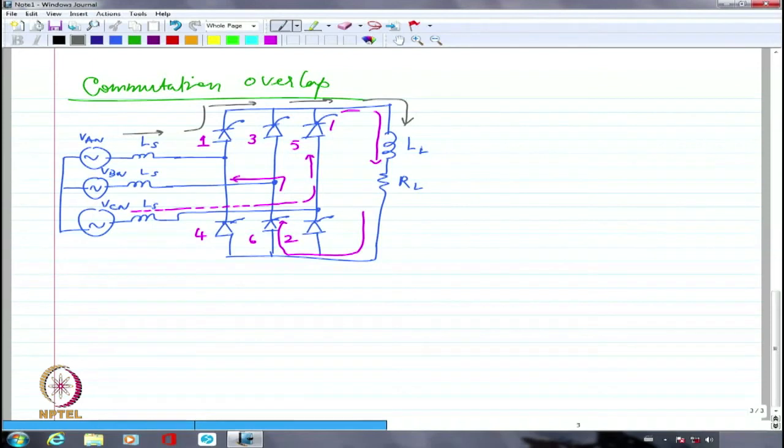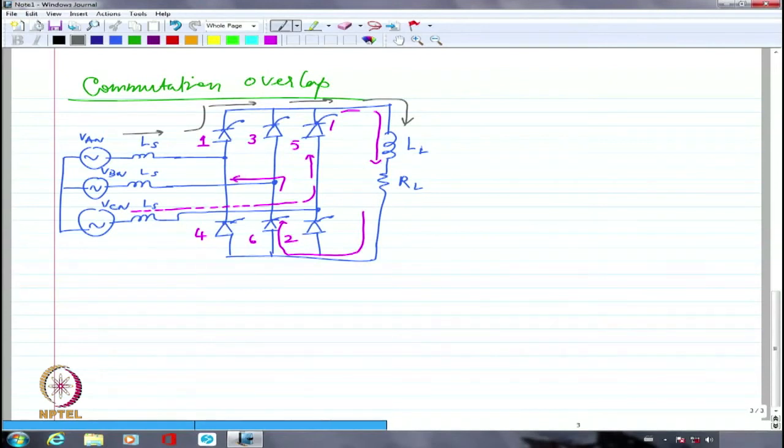The load can carry the current directly because already it is carrying the current. The same current is going to be carried now by the load. Only thing is, it is going to be supplied by 1 instead of 5. That's all. It doesn't make a difference as far as the load is concerned. Whereas, for these devices, it makes a big difference.